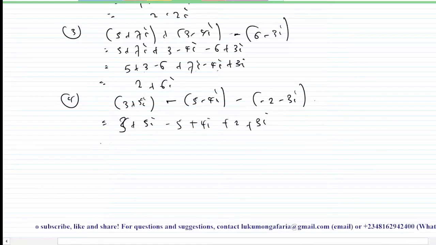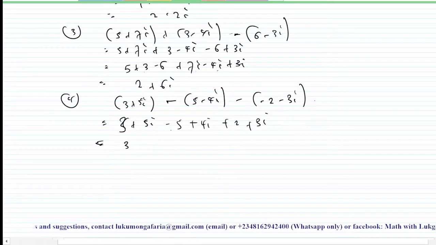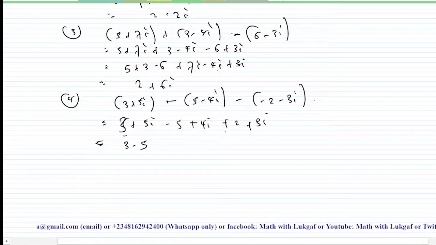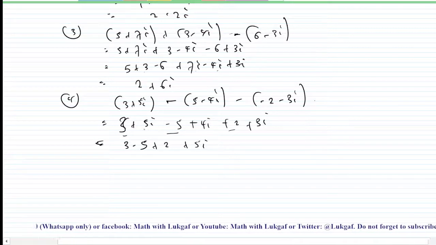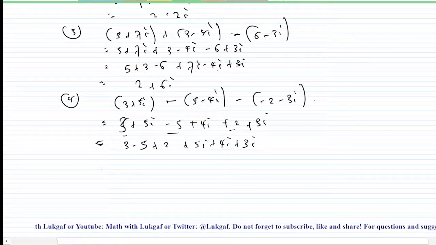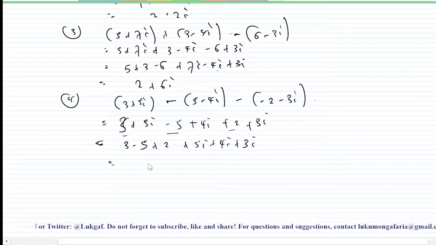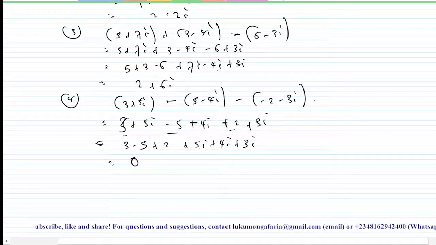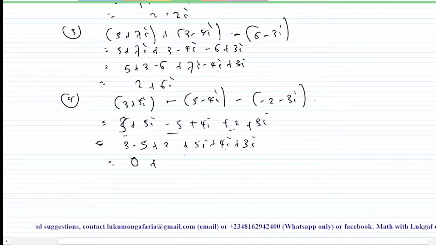What are you going to do after that? You collate them, real number with real number. The real numbers here are 3, minus 5 and 2. Imaginary with imaginary, 5i plus 4i plus 3i. Then 3 minus 5 is minus 2, minus 2 plus 2 is 0. You can write 0. 5i plus 4i, that's 9i, plus 3i, that's 12i.